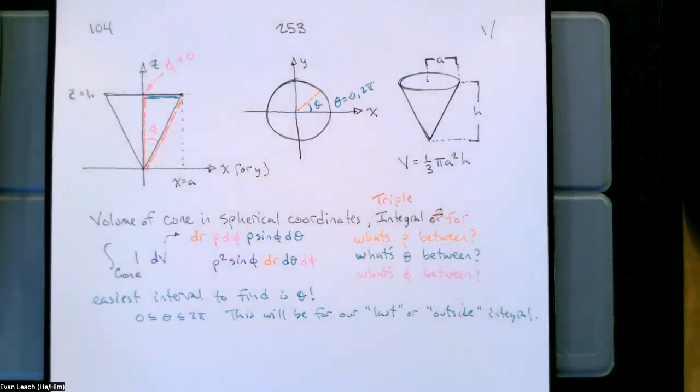So we'll finish up this integral, the last one, the first one that we write, the last one we evaluate, the outside one, will be the integral as theta goes from 0 to 2 pi.